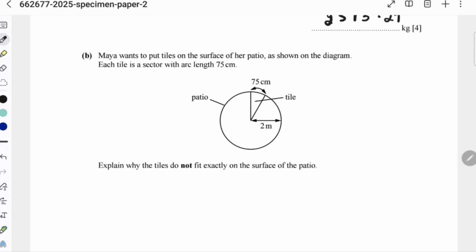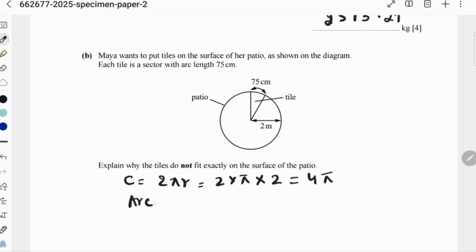So here we can find out by finding out the arc length. For the whole circle, we will take 2 pi r, and when we divide by 75 we get the number of tiles. So circumference, we take the whole thing, 2 pi r, which is 2 into pi, and we know the radius is 2. That would be equals to 4 pi. So we can keep the number as 4 pi also, and we'll find out the answer in the last.